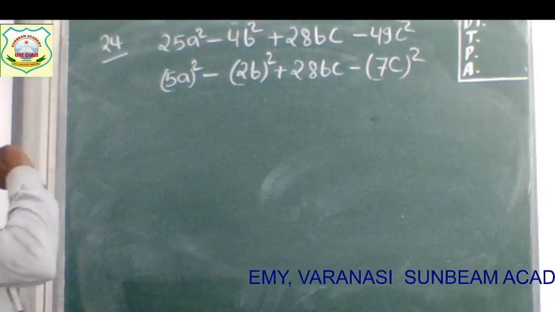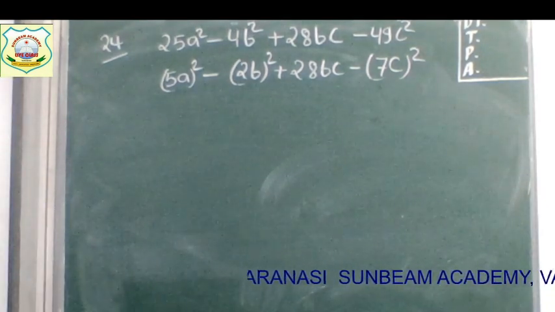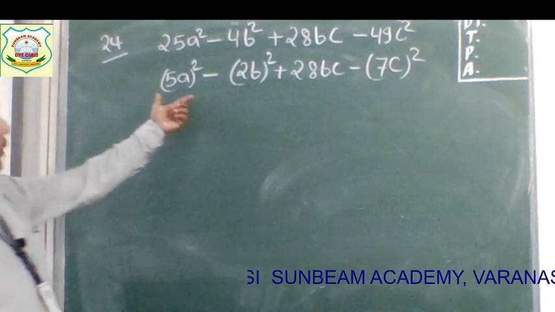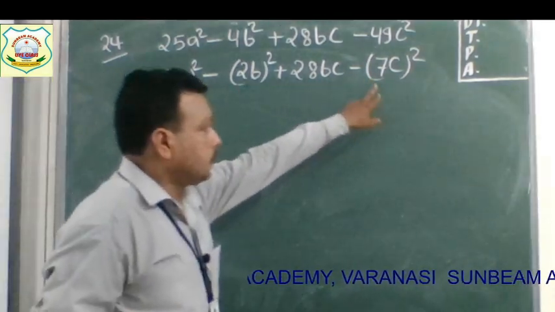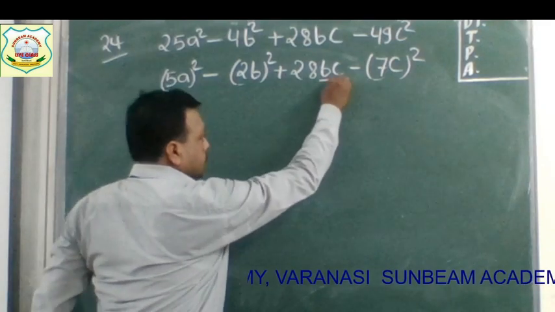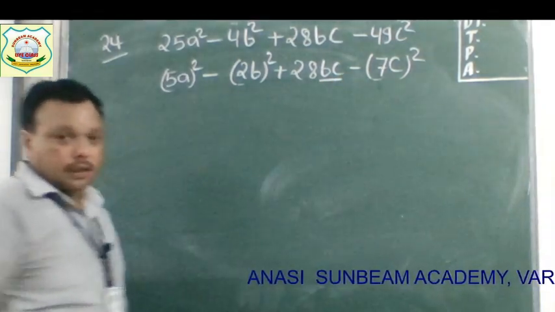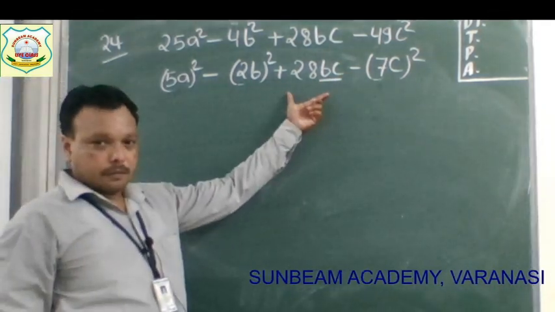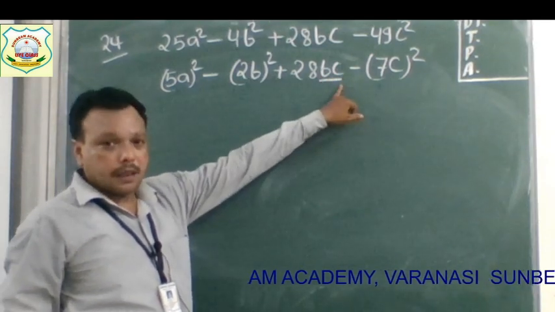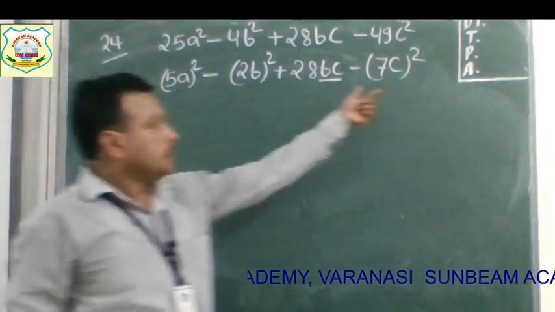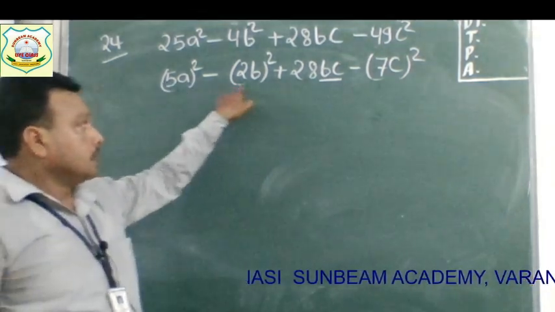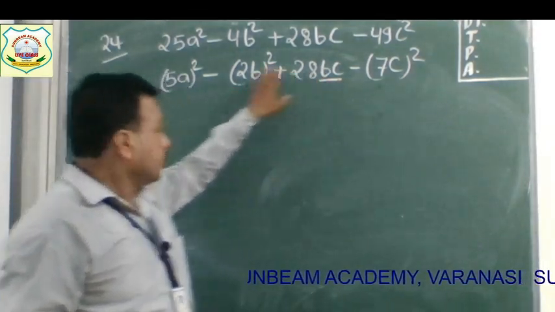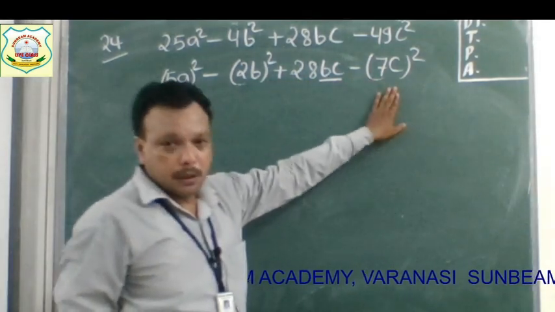Students, now what can we do here? 5a whole square is okay, but 2b square plus 28bc and 7c whole square, we can see this is from a, b and c, like 2ab. So b and c. Now we are getting the form of 2ab, this is a square, this is b square.